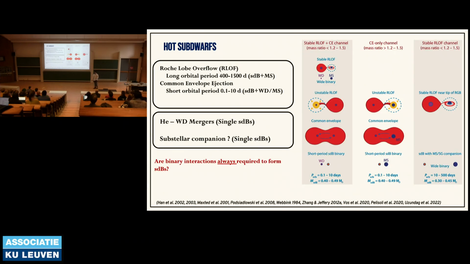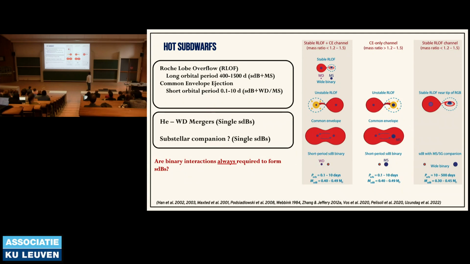One of the biggest questions is how a star can lose almost all of its hydrogen envelope from the surface during the red giant phase. One of the best ways to explain this is the binary channels, and two mechanisms have been proposed to form hot subdwarf B stars. The first one is the Roche-lobe overflow channel, which is the channel I'm showing you here.